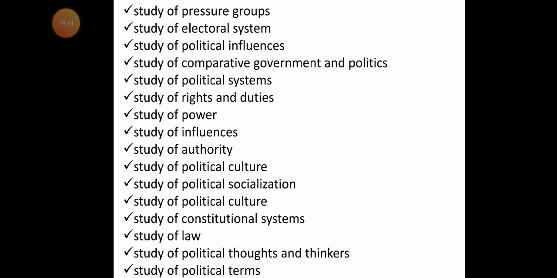Political terminologies like rights, duties, liberty, equality, fraternity, law, independence. Normally people do not know the meaning of these terms, and we study all of them in political science, and it forms part of the scope of political science.